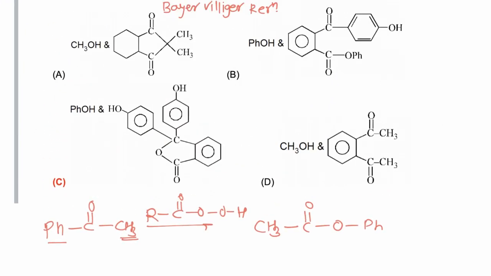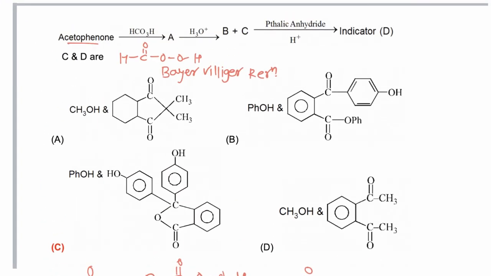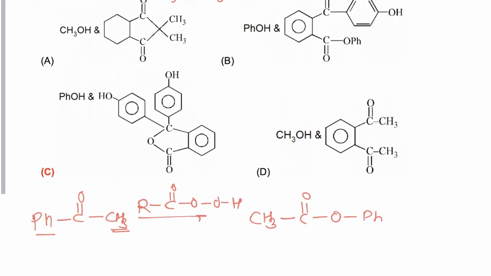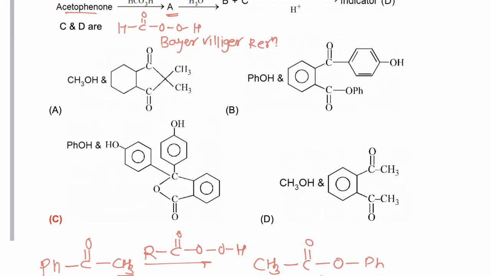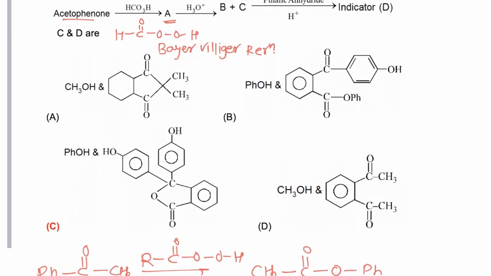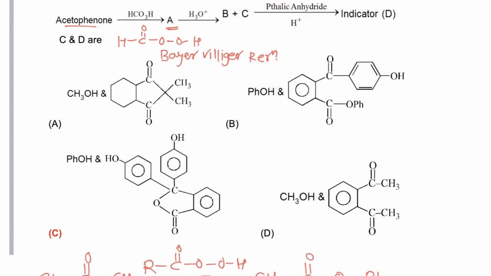So now this is the product formed after Baeyer-Villiger oxidation. So A is phenyl acetate. Now this molecule A is hydrolyzed, and on hydrolysis it gives B and C.